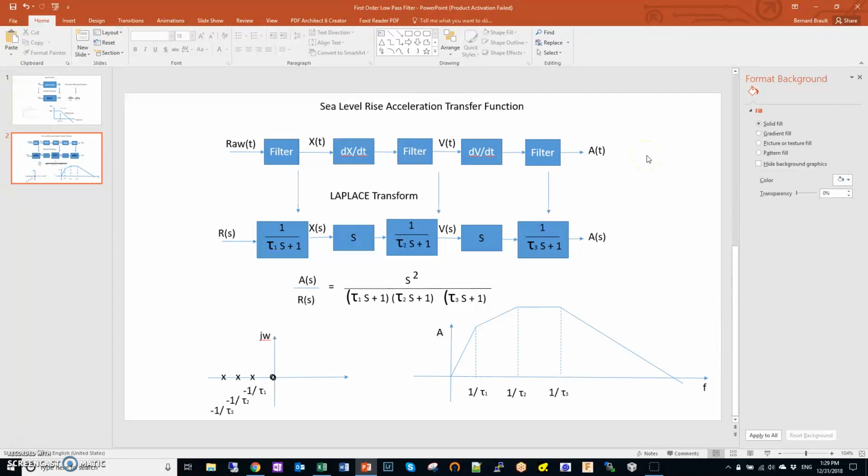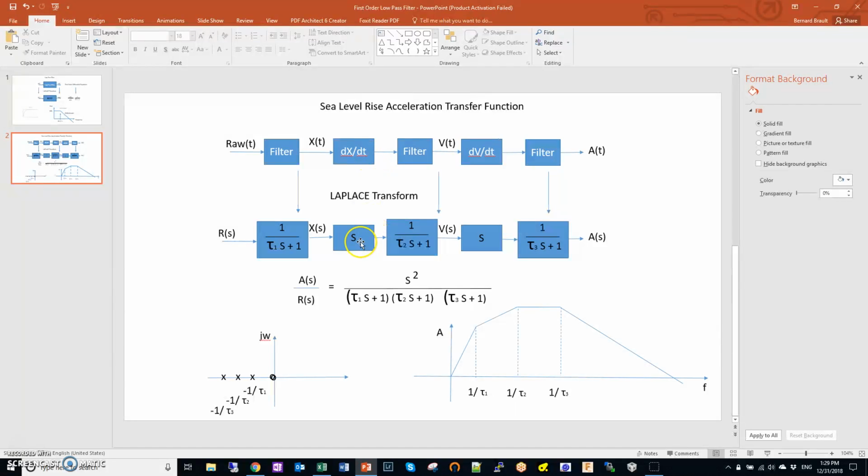One thing I mentioned about all of this is that when you perform what's called a Laplace transform, instead of taking these derivatives, which is relatively hard to analyze, I showed that the filters I was using have a transfer function of 1 over tau 1 s plus 1, and this is a time constant that defines how much filtering you want to do.